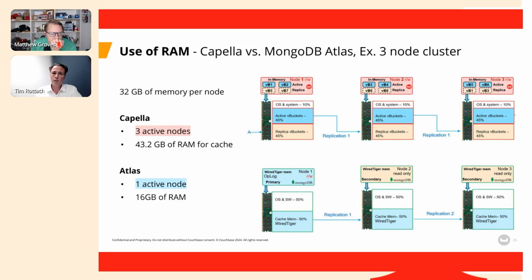A little bit deeper, let's say, in how RAM is used, for example. So here's just a small model of 3 different nodes within Capella and within Atlas.